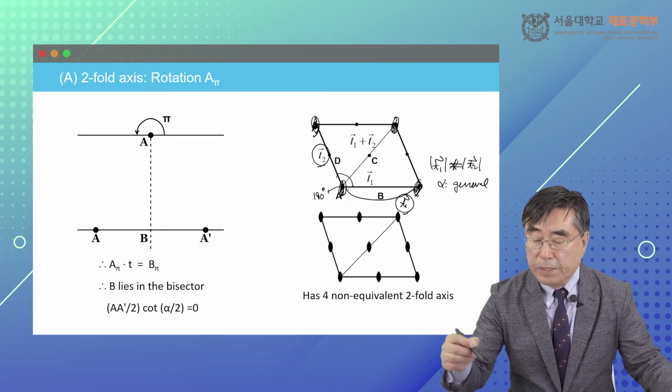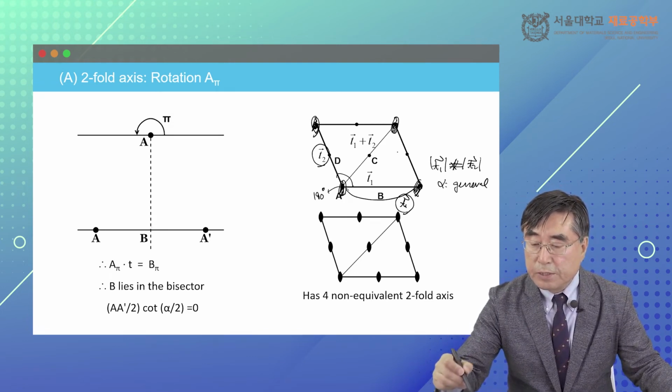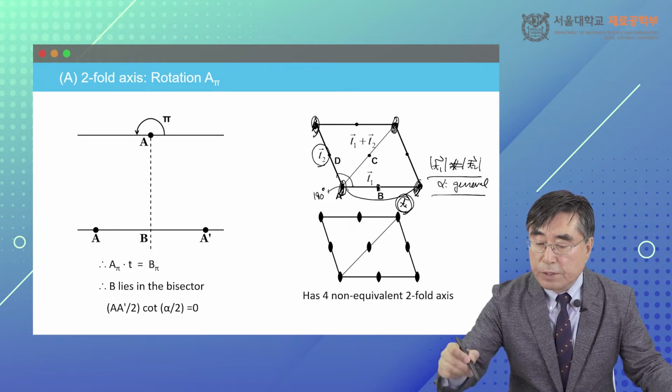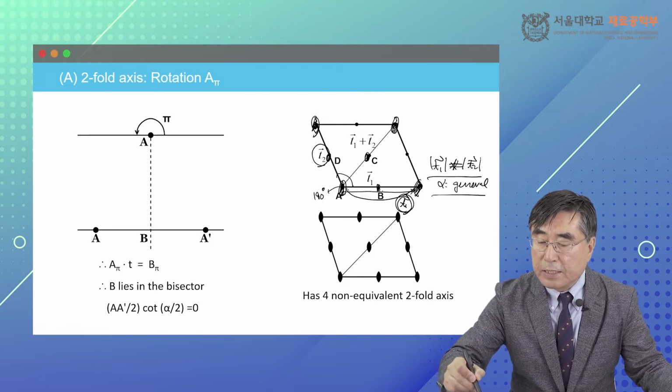Okay, so it means that when we have 2-fold symmetry at each lattice point, then we have to think about these translation vectors. Then another 2-fold is generated along these lines. So this is generated at the bisector lines.